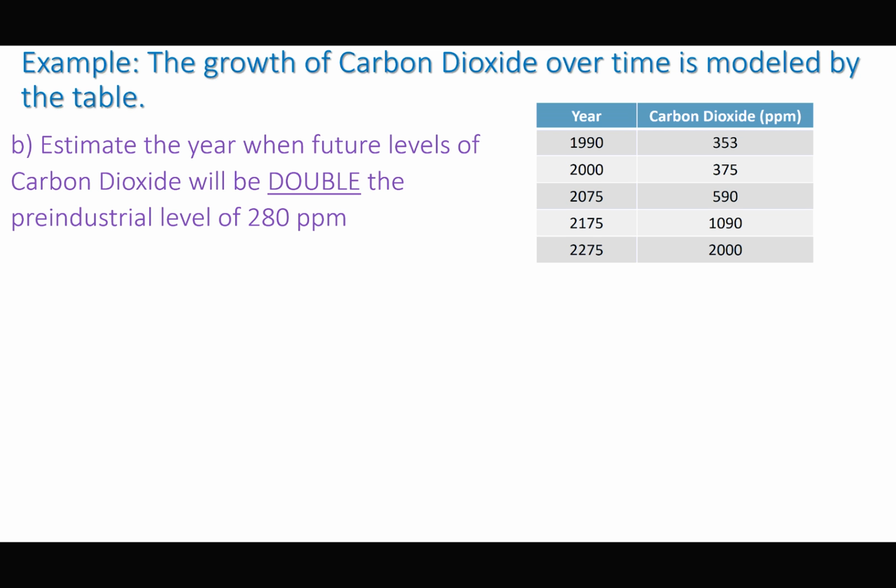Okay, so back way before 1990, that's when they say pre-industrial, before the industrial era when carbon dioxide levels were less, it was at 280 parts per million. Okay, so if they want me to double this, I know I'm going to be at 560 because I want that 280 to double.